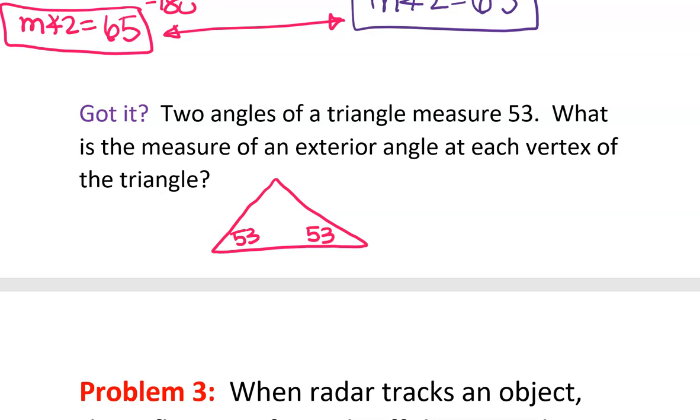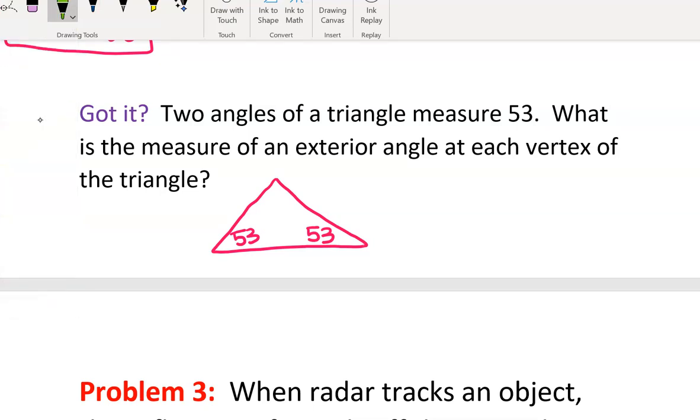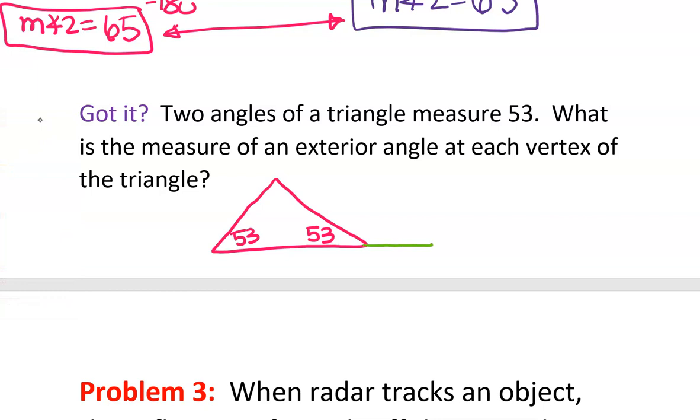So what you do is you extend each of the edges. So we'll call this one X. We'll extend this one. We'll call this one Y. And we'll extend this one. It doesn't matter what way you extend it to. We'll call this one Z.